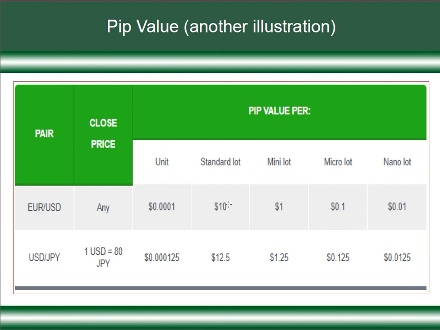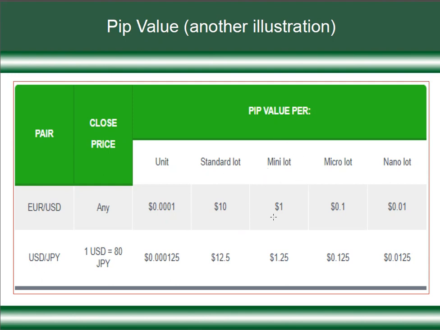So if you bought EUR/USD and it increases by 1 pip, it means your account grows by $10. But if it decreases by 1 pip, it means your balance decreases by $10. That is a standard lot.